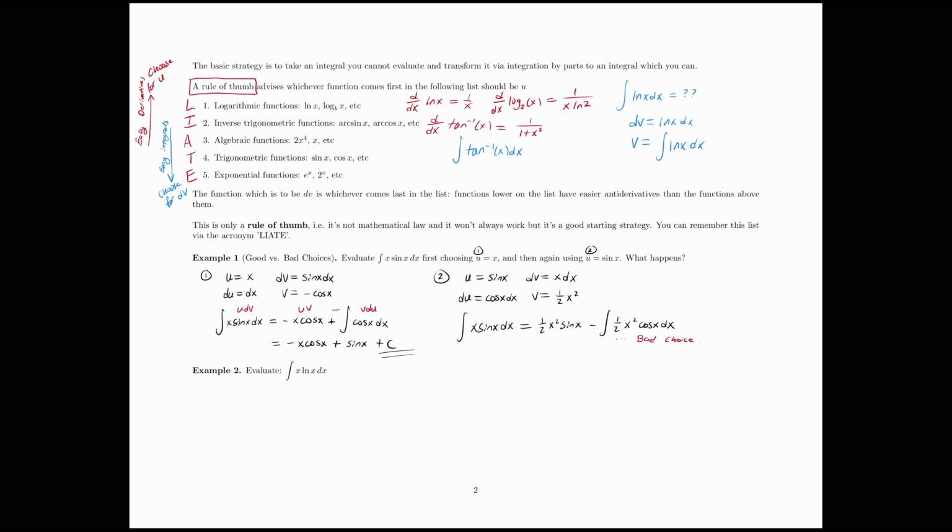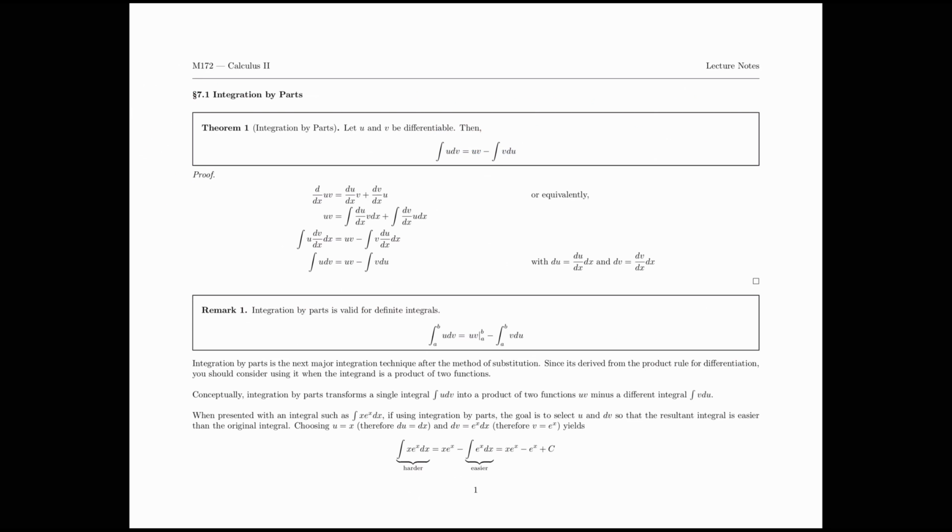a little bit more beneficial to view as you've got two functions, and you think of one of them being differentiated and the other not being differentiated. And if you want to swap the derivative from one to the other, you can go ahead and do that. So you can see that in the formula for integration by parts.